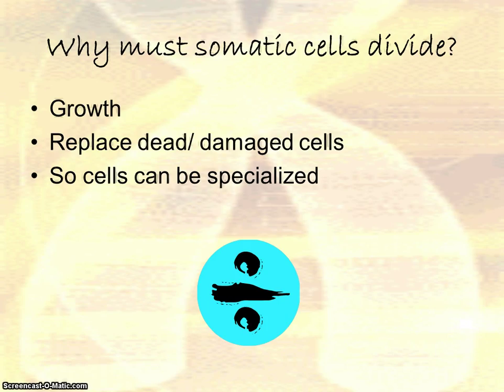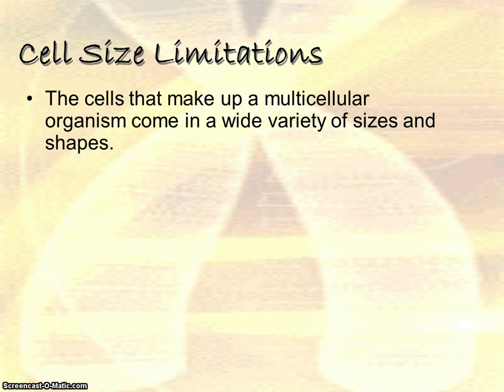You have skin cells and the different cells that make up the organs. So cells need to be specialized, and so cell division would occur because of that. And there are limitations due to the size of a cell that would make a cell need to divide. And that's also important because once a cell gets to a certain size, it runs into issues. And so let's look at some of those real quick.